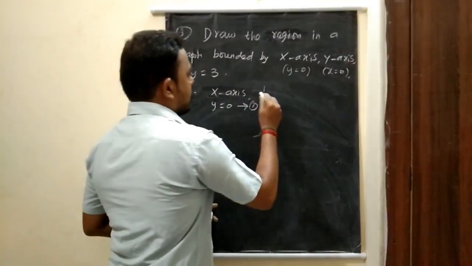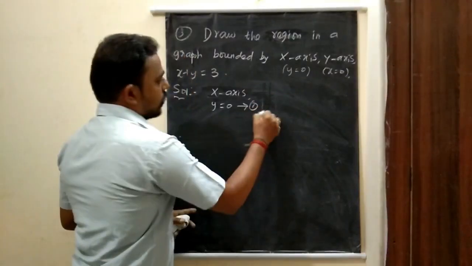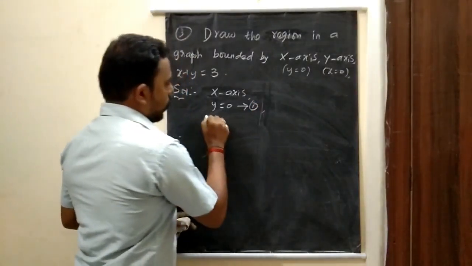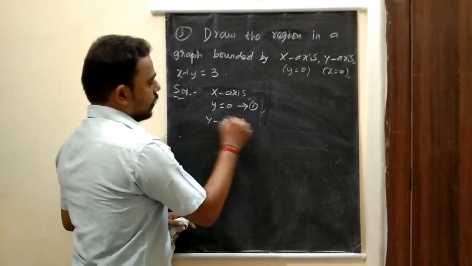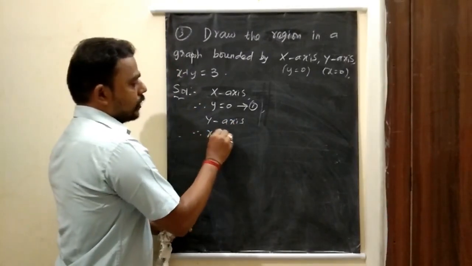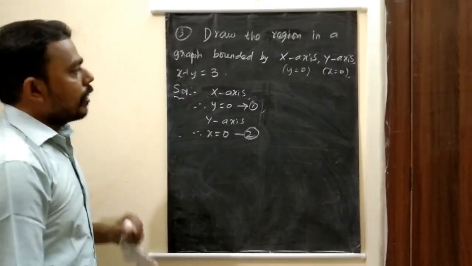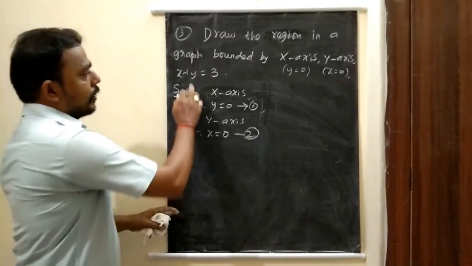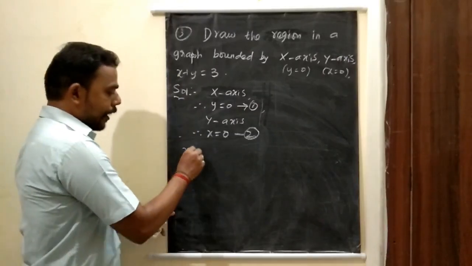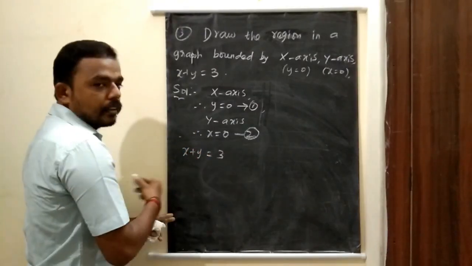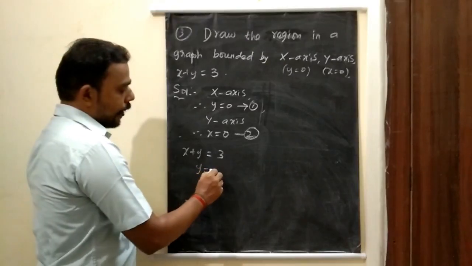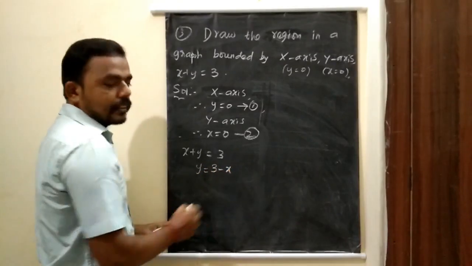Next, the y-axis. Therefore, x is equal to 0. This is the second equation. Now we just need to find the points of this one, x plus y equal to 3. Just write it like that: y equal to 3 minus x.